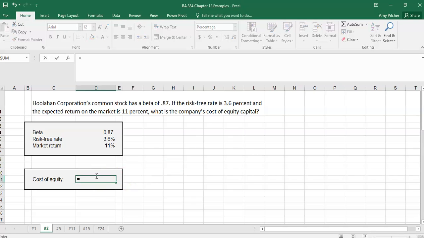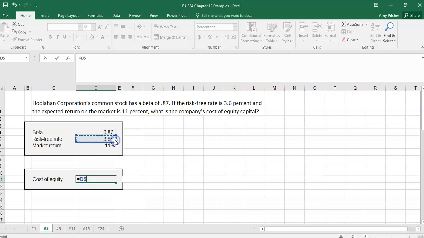So we have our risk-free rate plus beta times the difference between our market return, so market return minus risk-free rate. Except, how about if I grab the actual numbers instead of the names of the items?